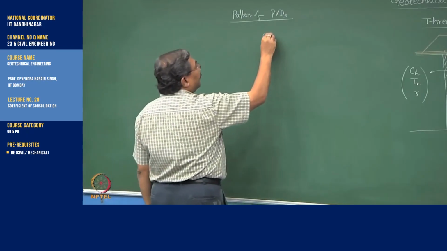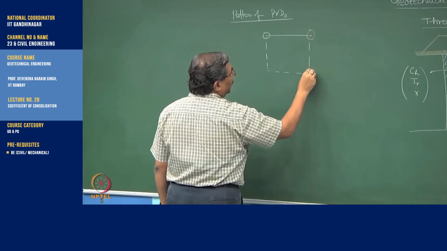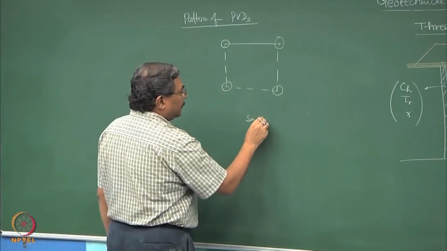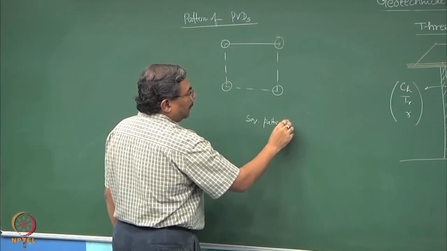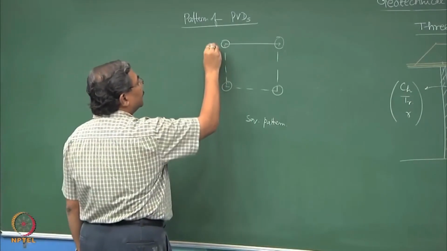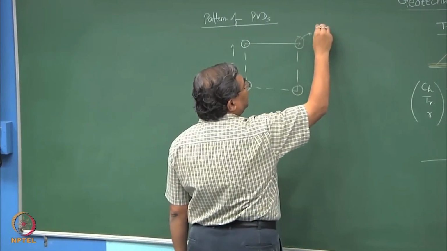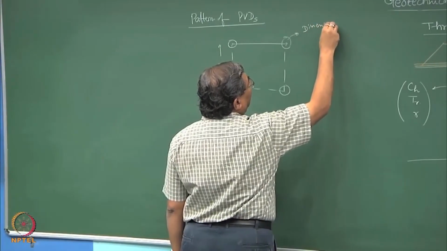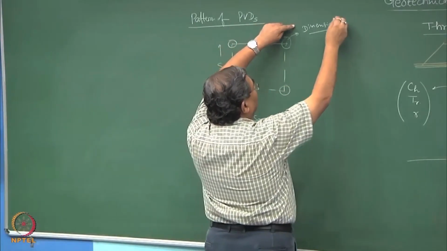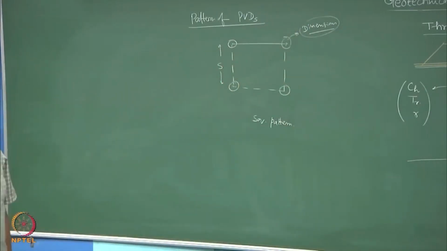Either they are inserted in a square pattern, so this is the square pattern, and if I consider the spacing as S, and if I know the dimensions of these drains, which are manufactured by the industry, they give you all the dimensions and the properties like hydraulic conductivity of the drain element you are making.